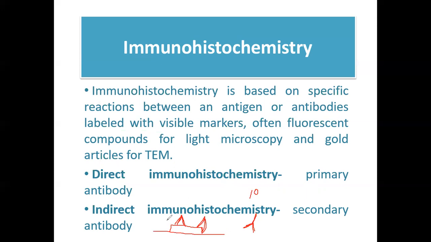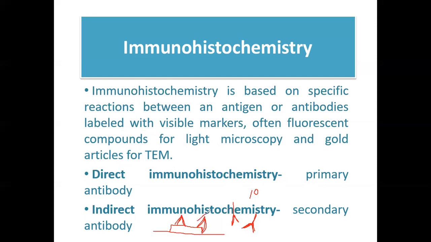So halimbawa, meron. We can detect the presence of these antigens by using a primary antibody against antigen A. Again, these antibodies are your anti-A antibodies. Kung mapapansin nyo, yung primary antibody natin sa indirect, hindi sila labeled.